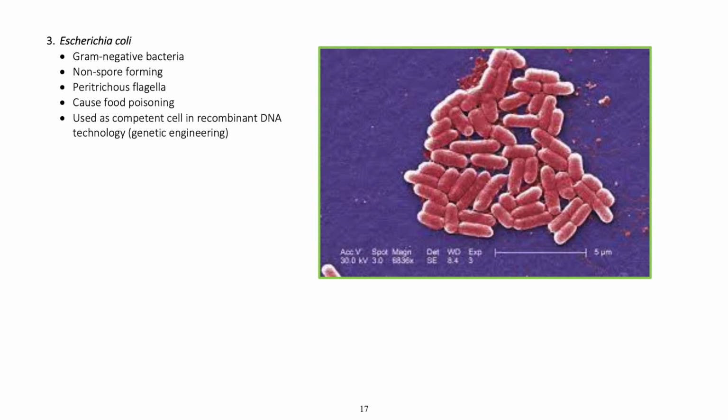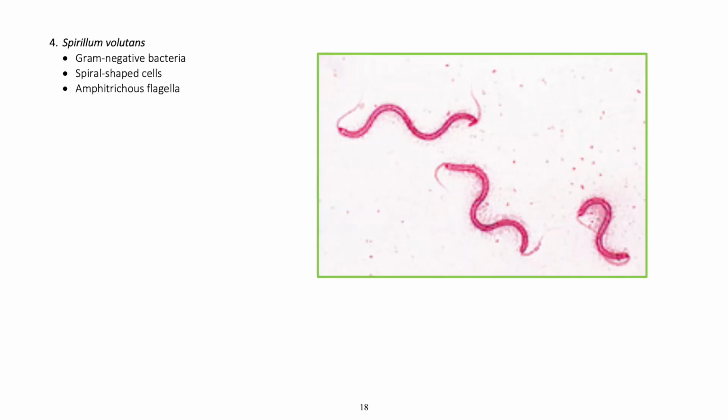Escherichia coli. Gram-negative bacteria. Non-spore forming. Peritrichous flagella. Can cause food poisoning. Used as competent cells in recombinant DNA technology, genetic engineering. Spirillum. Gram-negative bacteria.